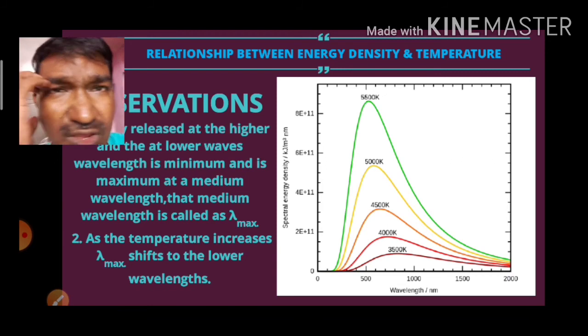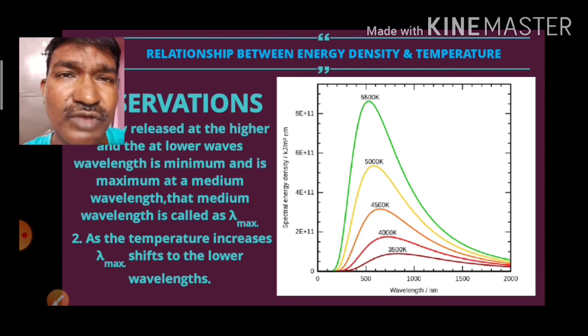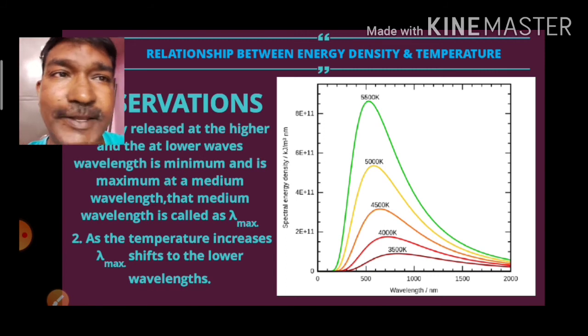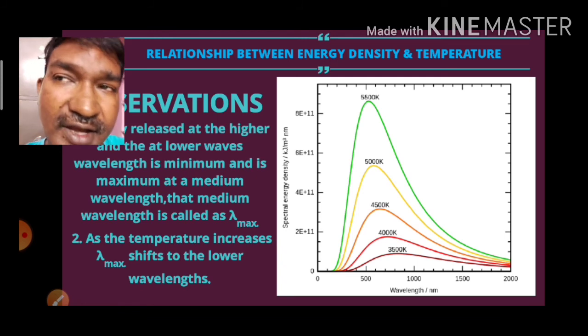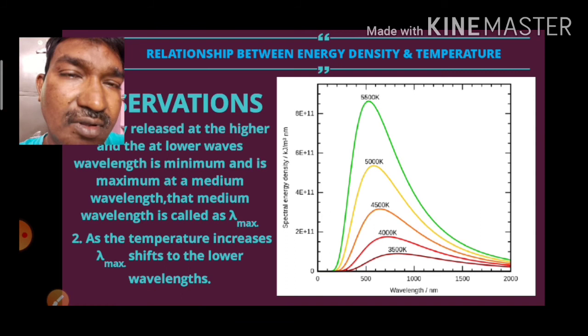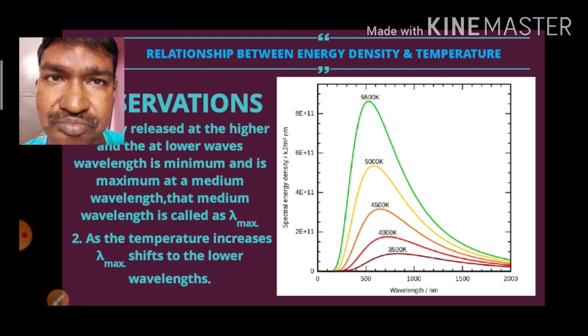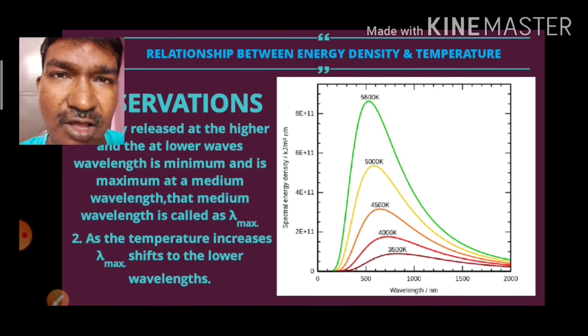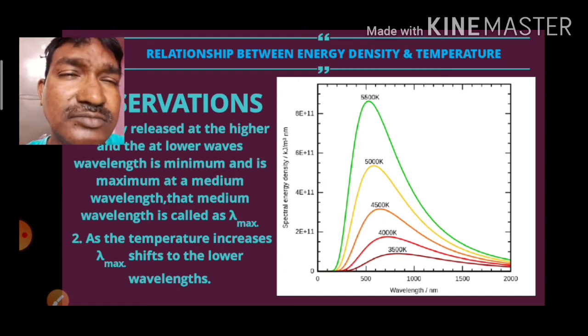For example, if we pass white light through sodium vapor, then the sodium vapor absorbs the yellow light. In a similar way, when sodium vapors are heated, they emit the yellow color light. That means absorption and emission done by an object are the same.